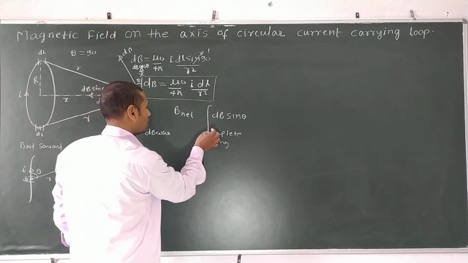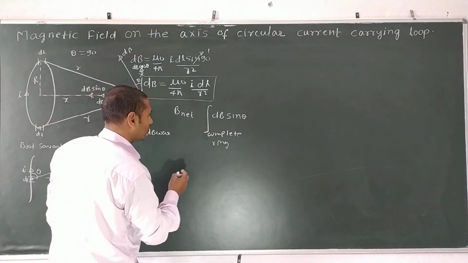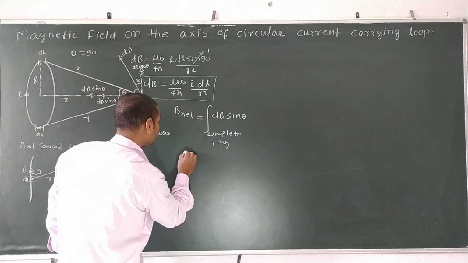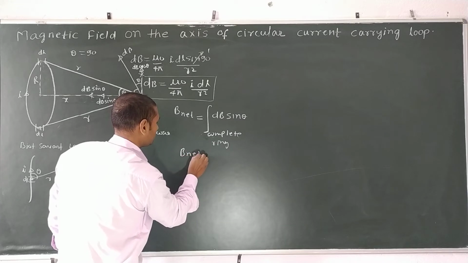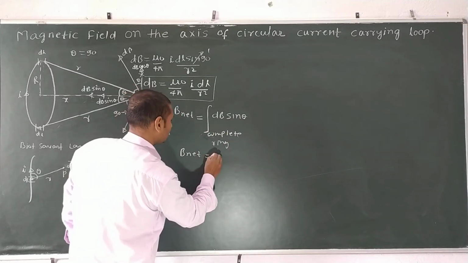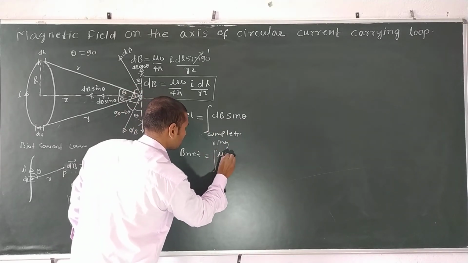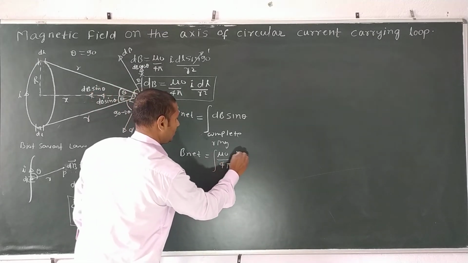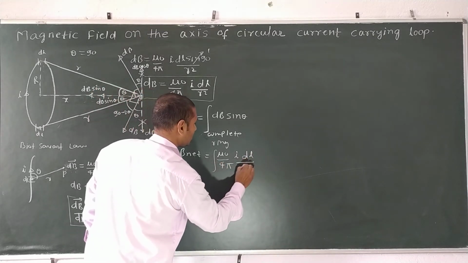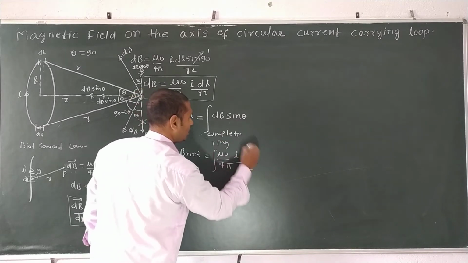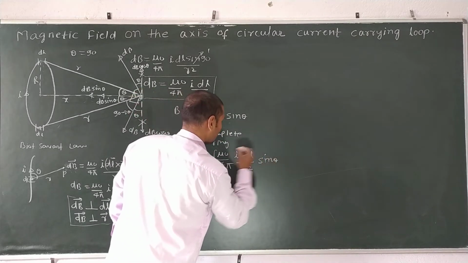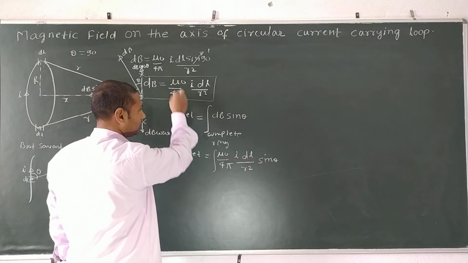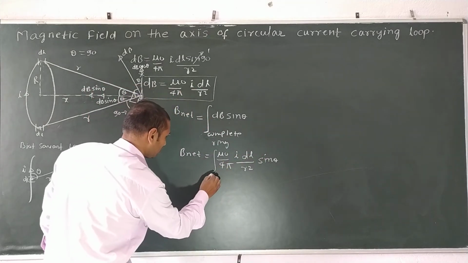We have already found the magnitude of dB, so B net becomes the integral of dB, that is equal to mu naught upon 4 pi, I dl upon r square, and sin theta.